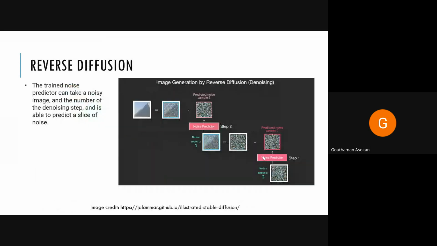So the latent space we saw, the reverse diffusion, again, just an illustration of how it works. Here we see the noise predictor. How much is the noise?